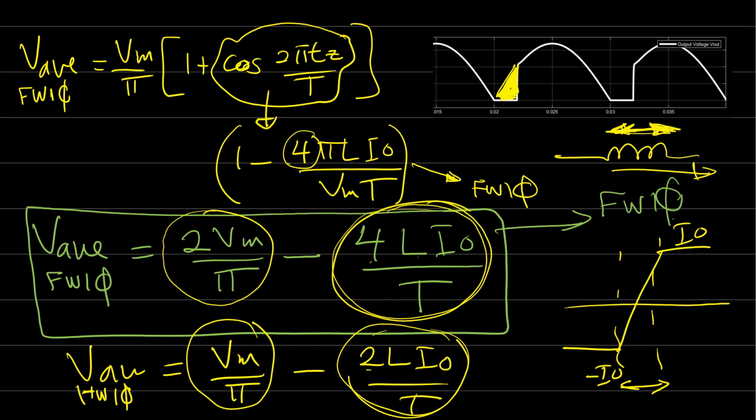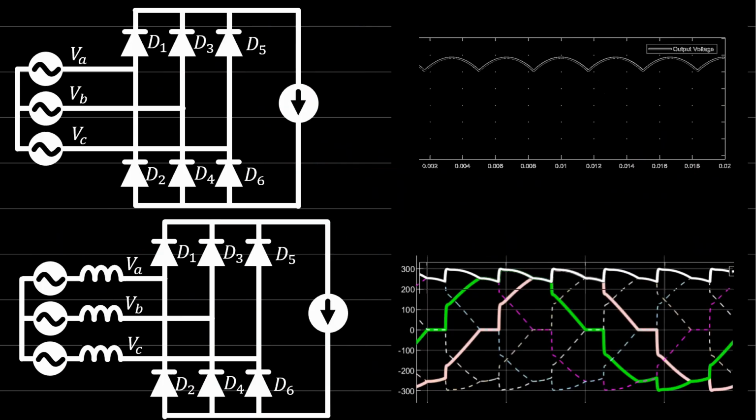Now this gives us a clear idea how the behavior of the current will be inside the three-phase full wave rectifier. If you remember the three-phase full wave rectifier output voltage without considering the line impedance, the output is clear without any portion taken. And we said that we can take the average from here to here, which is T over 6, because here we have 6 portions collaborating to make the output voltage.